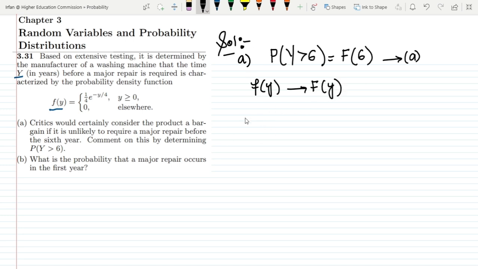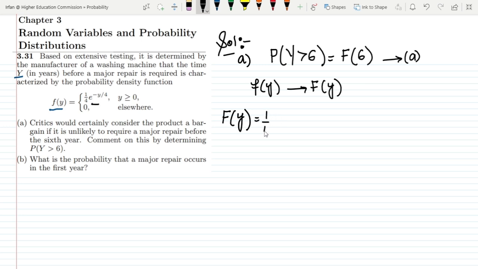In order to find it, we have to find the CDF for all the values greater than 0, and for that let me use the same function here.